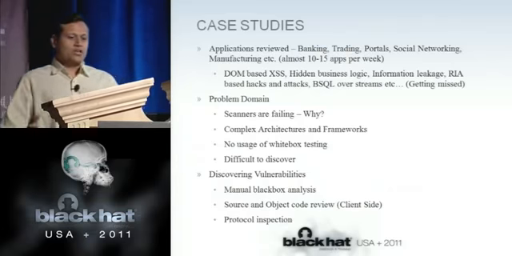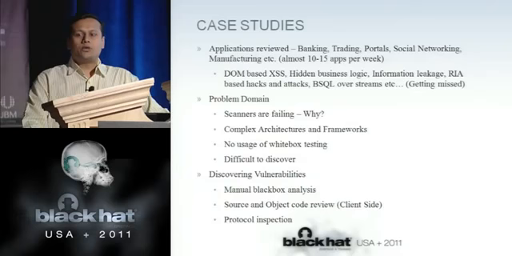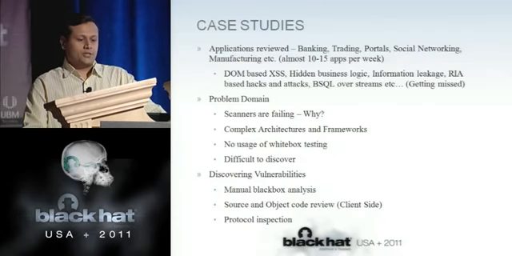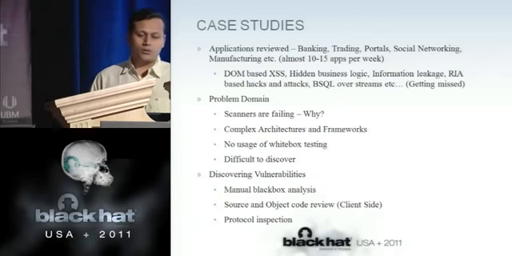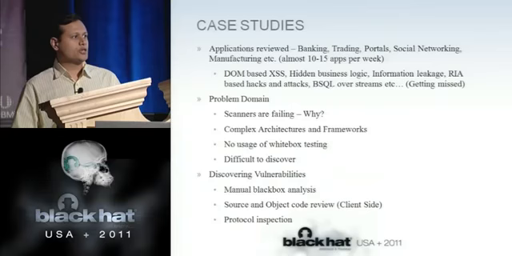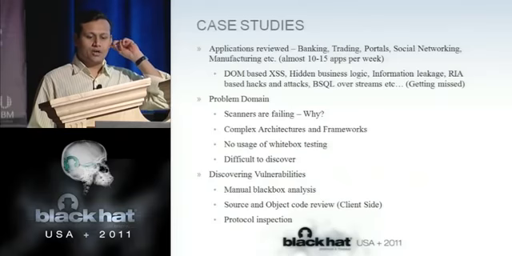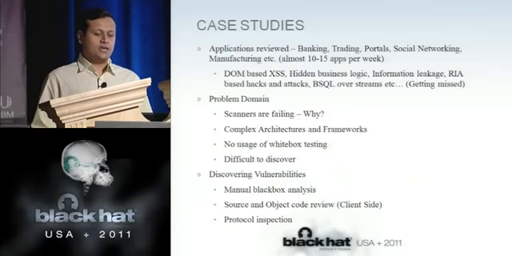Bird's eye view, essentially we do around 10 to 15 applications per week where we do manual testing and scanning as such. And lately what we are seeing is when you're doing just scanning, some of the things which are getting missed are DOM-based XSS, hidden business logic, information leakage.